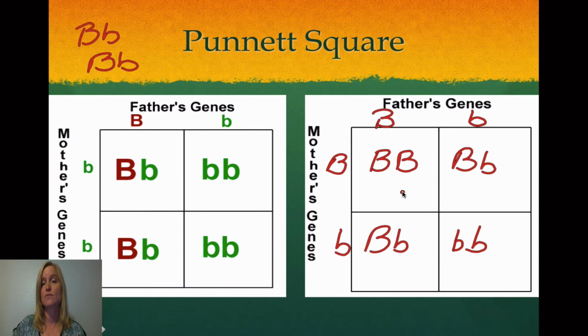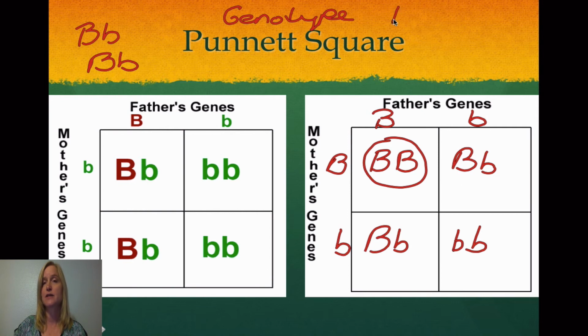So when we look at this, we look at a couple of different things. We look at the genotype ratio and we look at the phenotype ratio. So the genotype ratio is to look at how many different letter combinations are there. So in this situation, we have a homozygous dominant, and we only have that in one box.